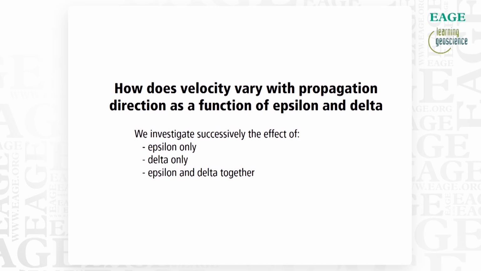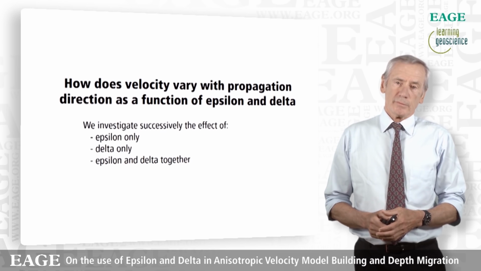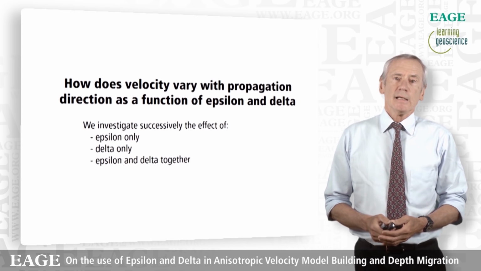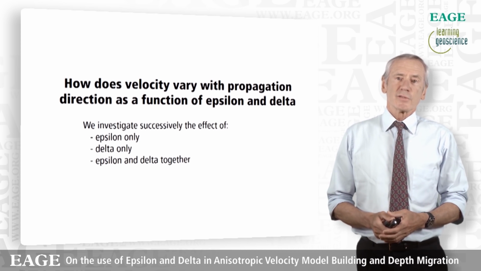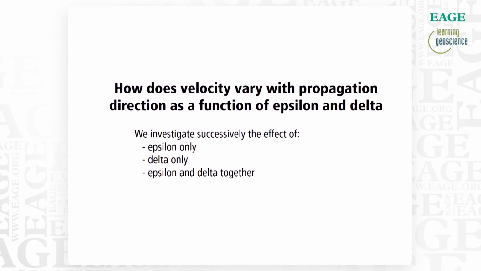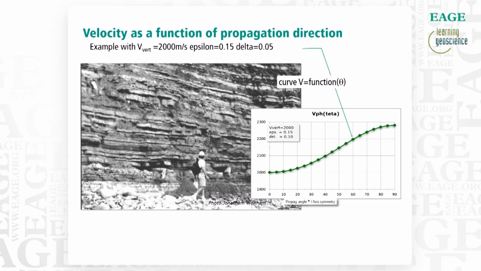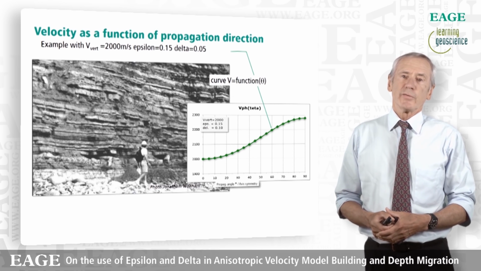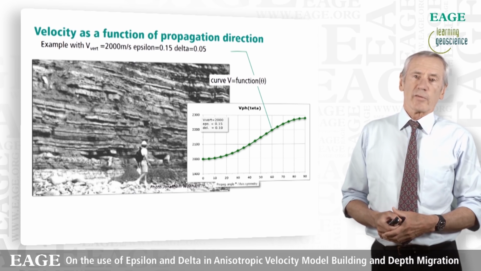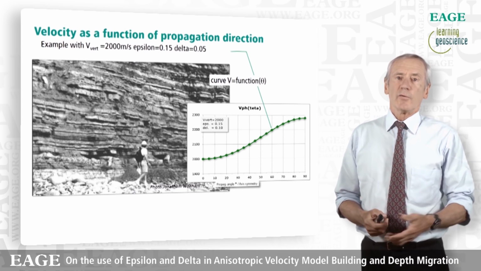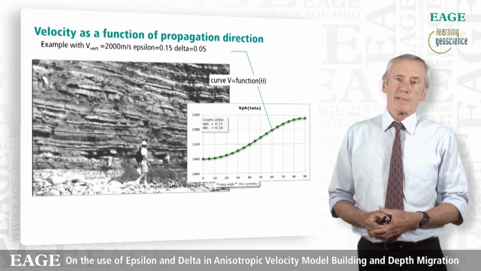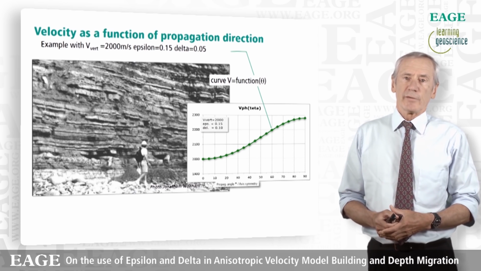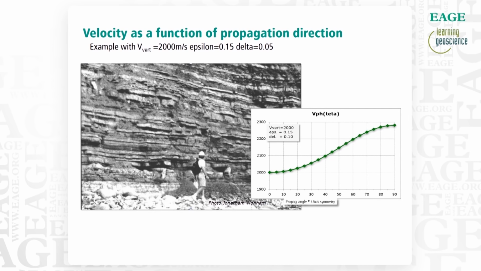Okay, so now that we have defined v vert, epsilon and delta, let's see how they influence the velocity as a function of directions of propagation. So instead of using equations, let's use curves. On the right side of these slides, you see the curve of v as a function of the propagation angle for v vertical 2000 meters per second, epsilon 15%, and delta 5%.